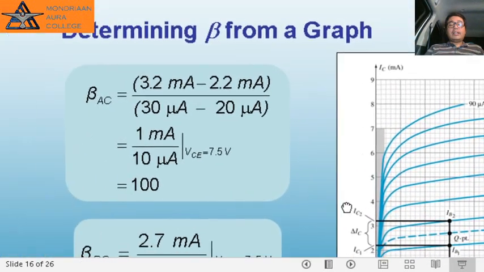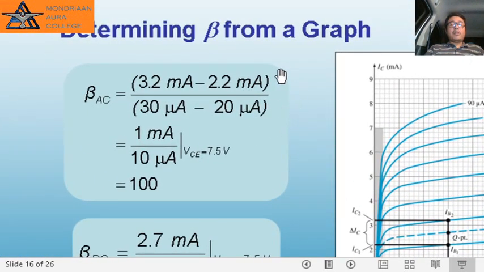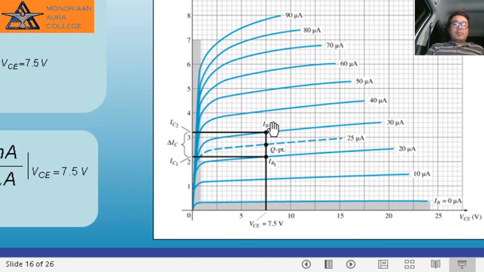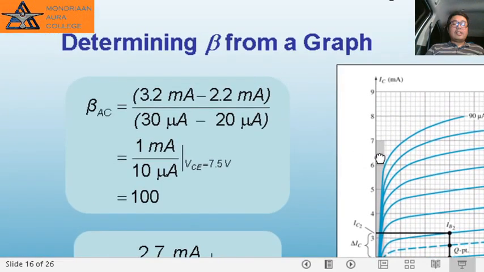So isa-substitute natin dito sa ating equation. Hindi ba't ang beta AC ay change in IC with respect to change in IB? Here is your change in IC. So tignan natin dito sa ating graph. Between these 2 points, kung i-project natin 'to pakaliwa, meron tayong corresponding levels of IC. We have IC1 and IC2. So, ima-minus lang natin yon.